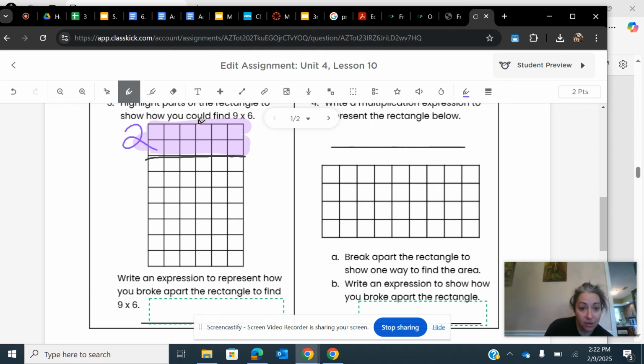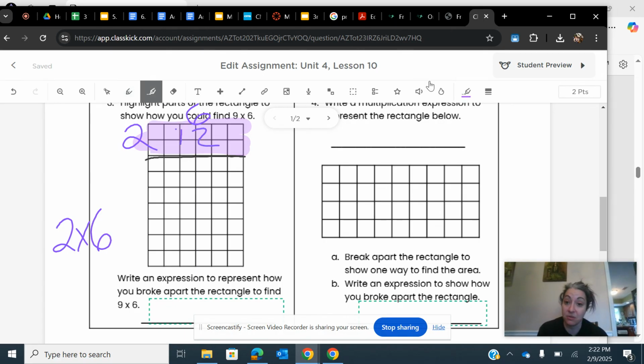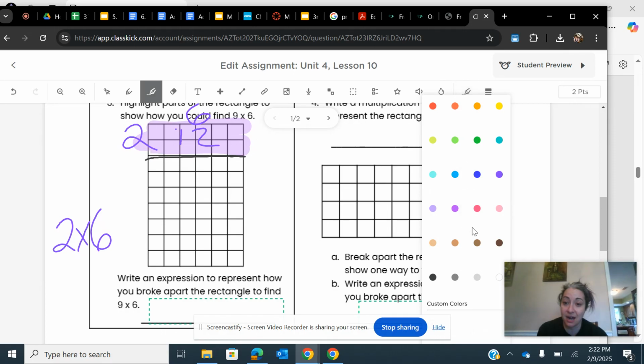1, 2, 3, 4, 5, 6. Up here is going to be 6. So my expression would be 2 times 6, and 2 times 6 is 12, just in case you weren't sure, but I hope you know. And then over here, I would do a different color. Let's do teal.